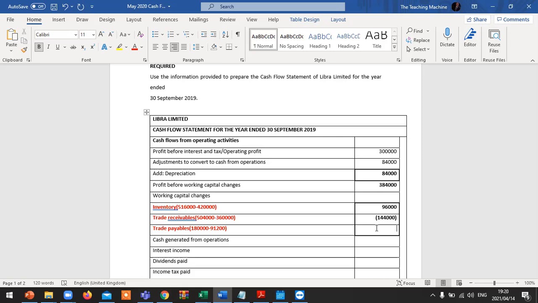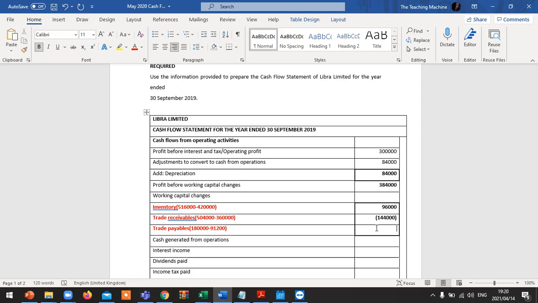So last year they owed 91,000. This year the business owes 180,000. So what is the meaning of this? It means that the business went to the financial institution again to borrow more funds. So if your debts increase, it means that you are borrowing more funds. Okay.